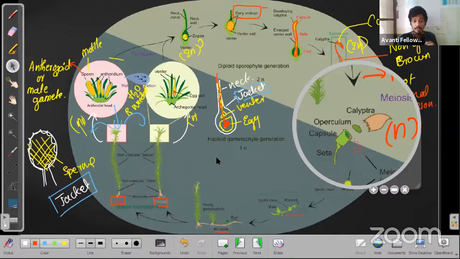The capsule is actually covered by a kind of layer. That particular cover we call the calyptra, and it has an opening called the operculum. That's not so important. And calyptra is not present in all the species. It is present in some species and absent in some others.